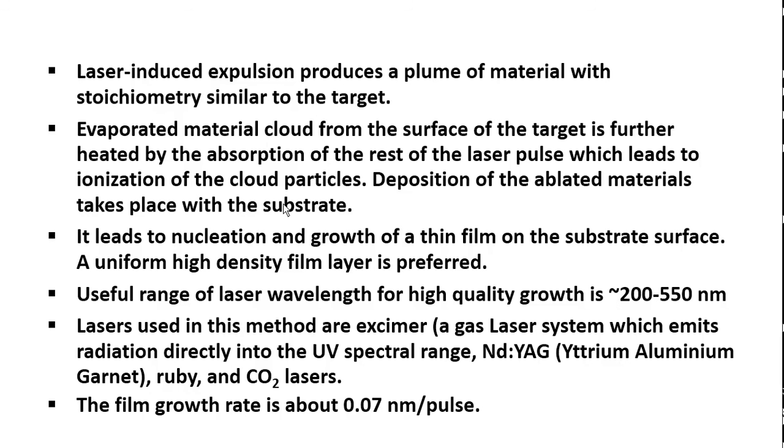The target material is heated up, and its surface ions or atoms are dissociated by the heating process, so that a plume of the material is developed over the surface of the material.